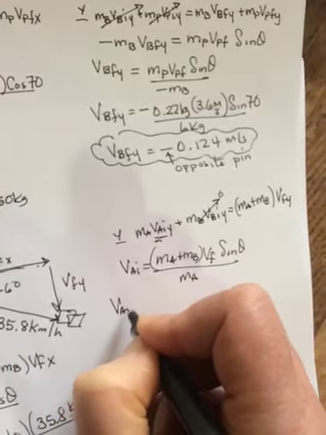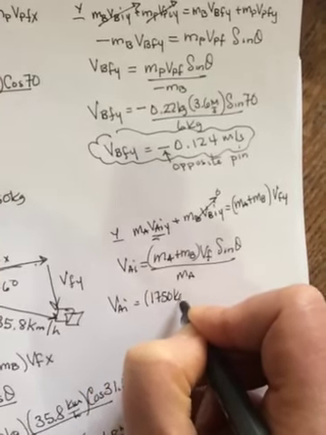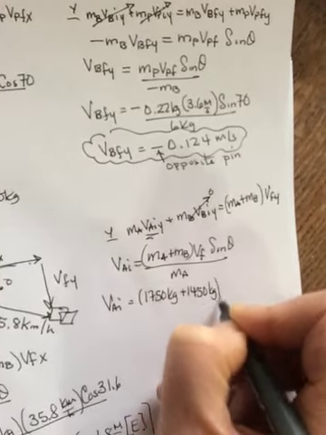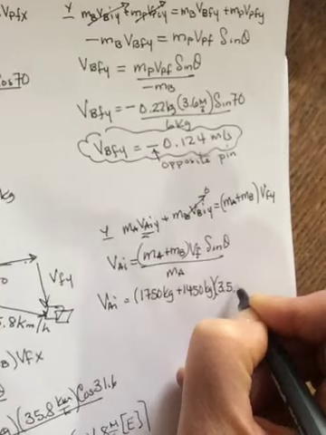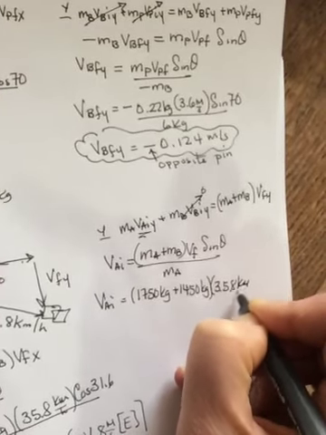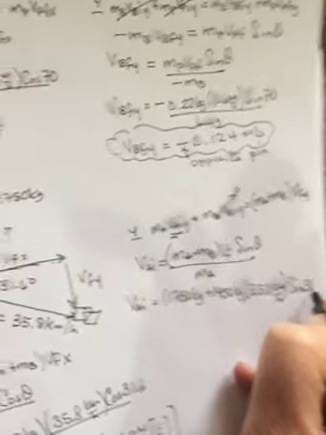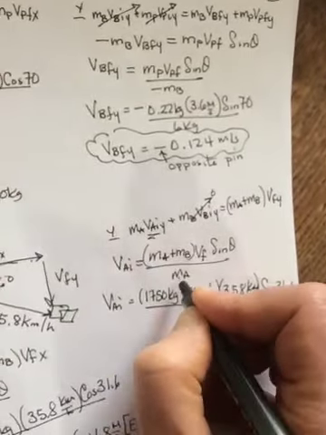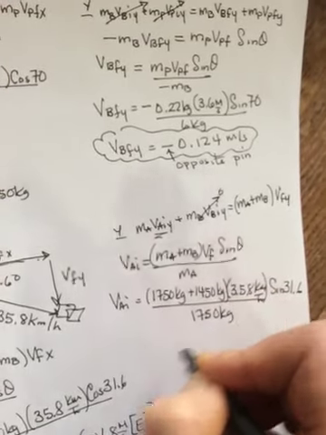Fill in your numbers. 1750 kilograms plus 1450 kilograms times 35.8 kilometers per hour, sine of 31.6, divided by A this time, 1750 kilograms.